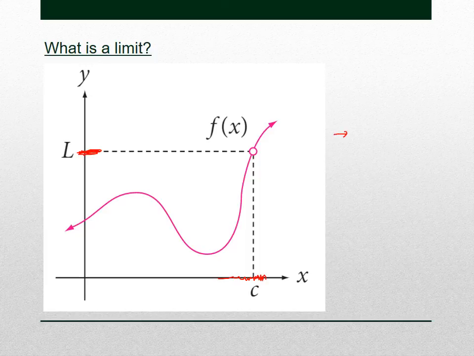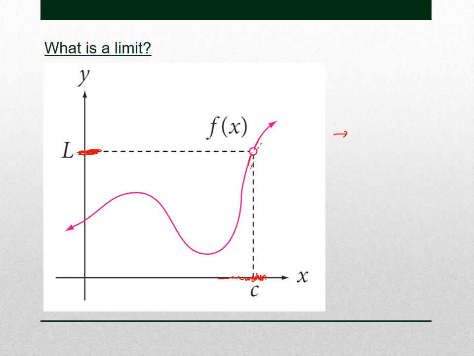And here's our notation for that. This reads: the limit as x approaches c of f of x is L. If you can get as close as you like to L, we can get closer and closer to this height by taking x values close enough to c. What does that really mean?